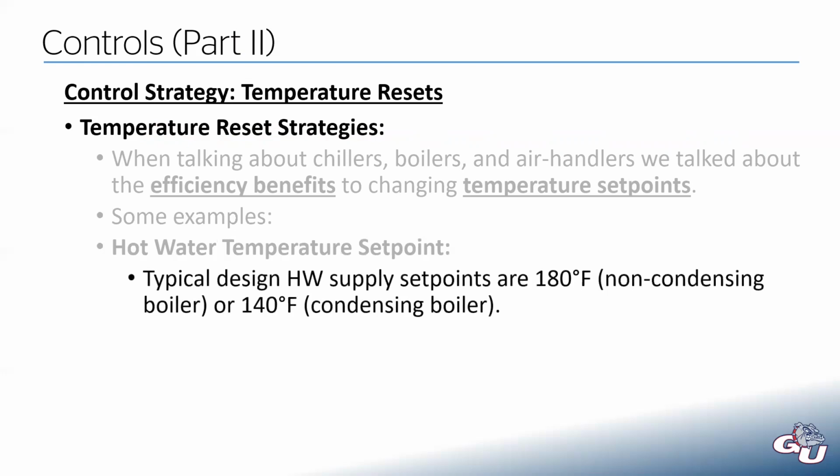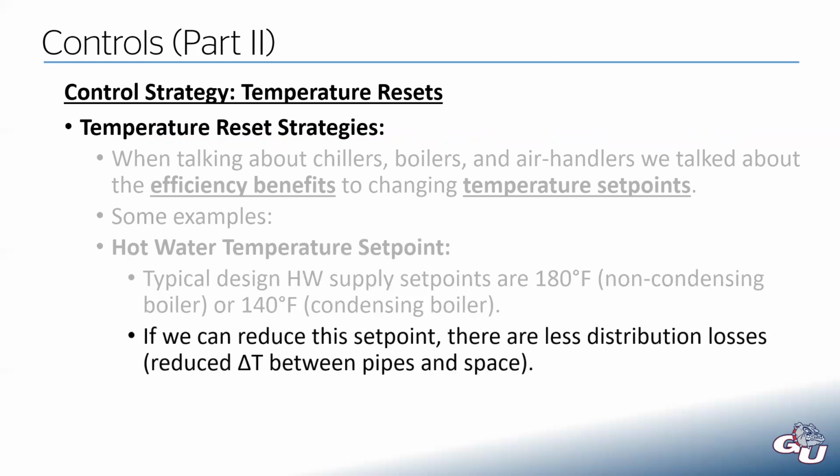Our typical design hot water supply set points are 180 degrees in a non-condensing boiler or 140 in a condensing boiler. If we can reduce those set points, we can have less distribution losses in our piping, because now we're running cooler water through our building, meaning there will be less of a temperature difference between the pipes and the building. So that's reduced distribution losses.